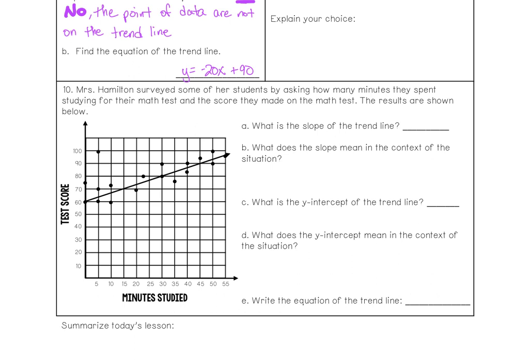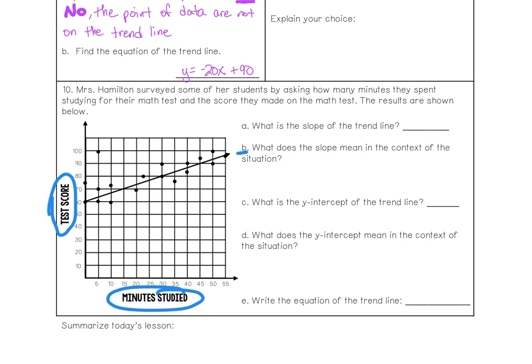So now you're going to say for every something, and you're going to use these keywords here, minutes studied is going to affect their test score. All right, so I want to see that for letter B. Explain it in the context. C, what is the y-intercept?